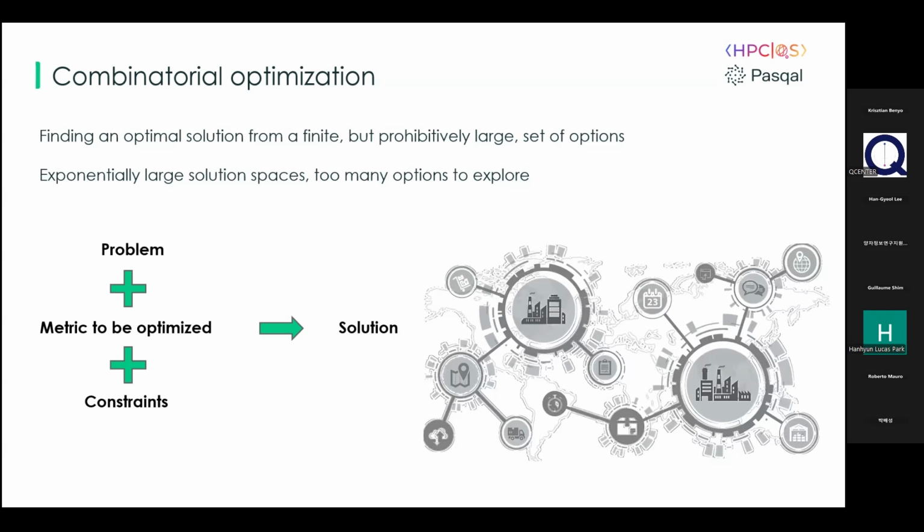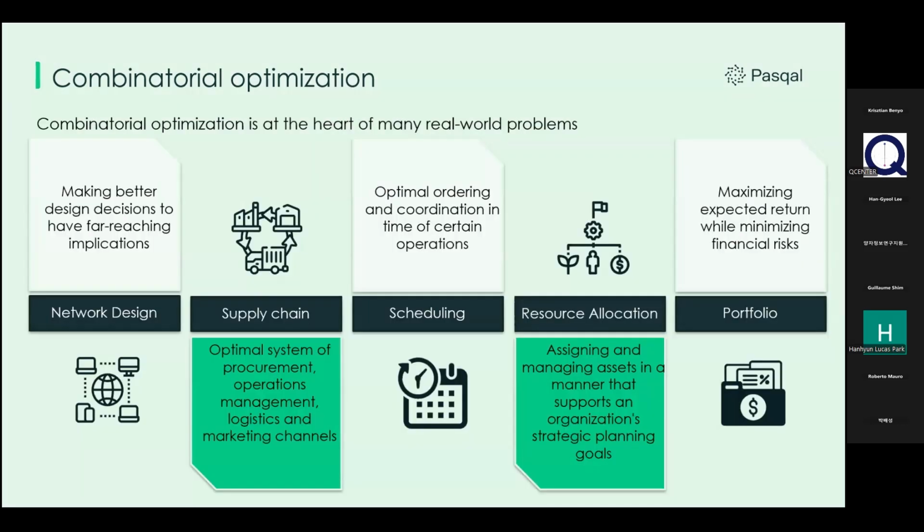And performing this optimization task can be under certain constraints, under certain limitations. So these are the three main components that go into an optimization problem, and then we are expected to find a good strategy that provides a good solution, or ideally the best possible solution, whenever it's possible.